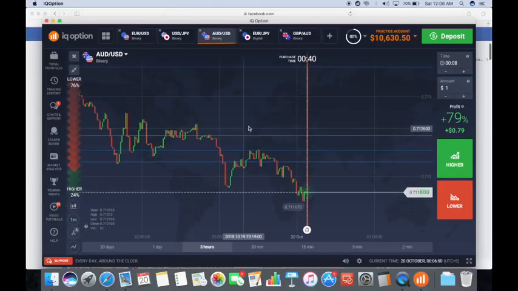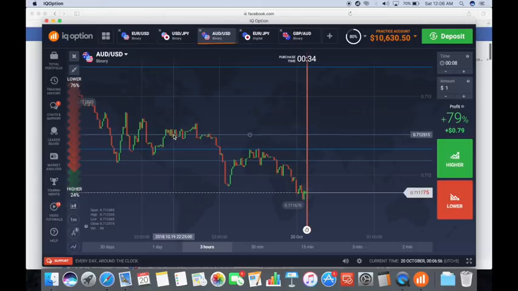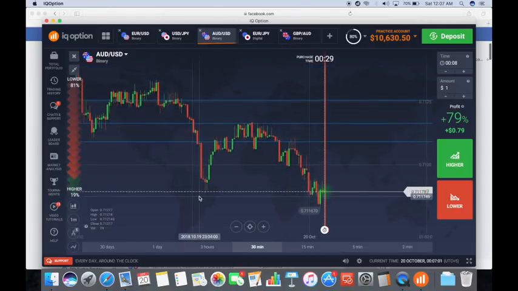All right, I already plotted these lines. I mean, look at that, how beautifully these levels were respected. So this is also a demand zone here.